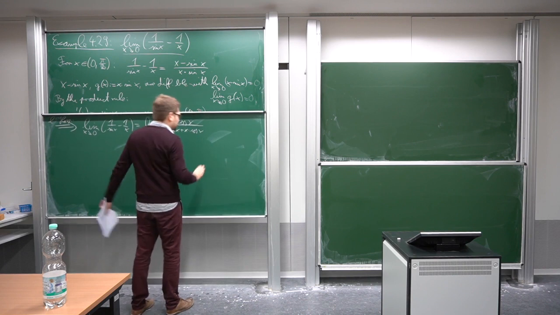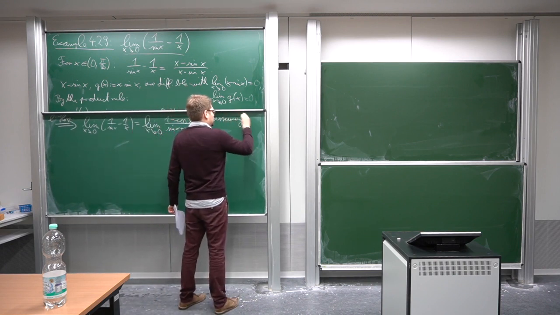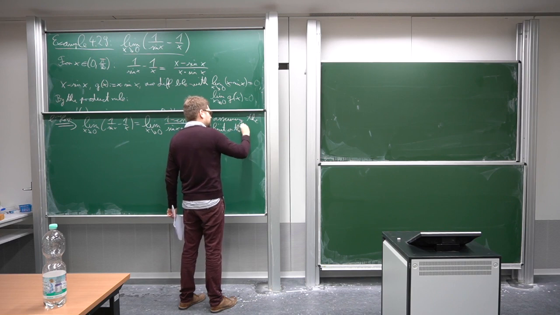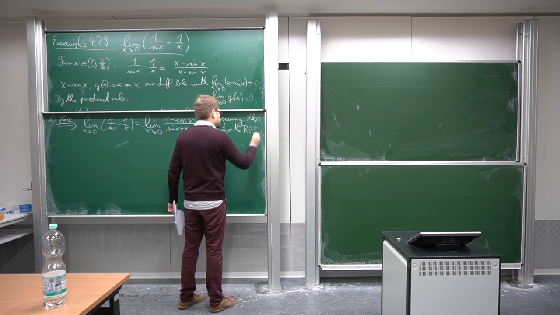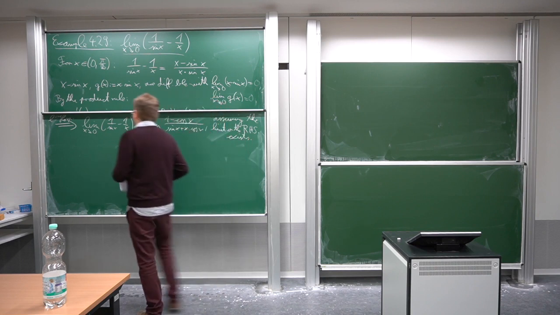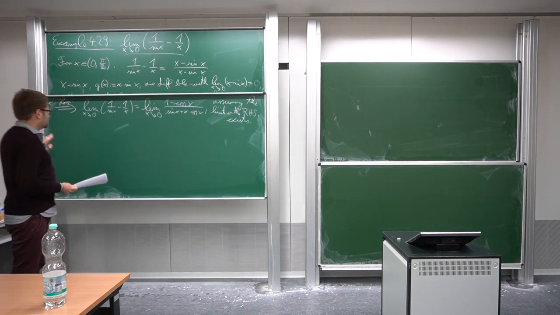So this is the same limit, assuming the limit on the right-hand side exists. The right-hand side, I will always abbreviate this with RHS, exists.